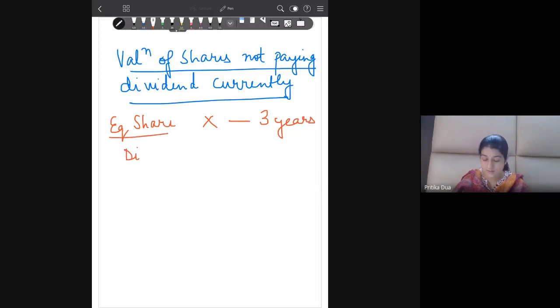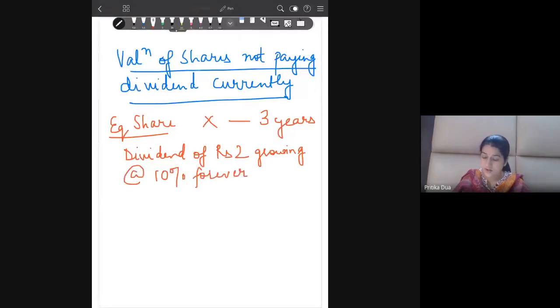After this, a dividend of rupees 2, which will be growing at 10% forever. And the required rate of return is 15%.